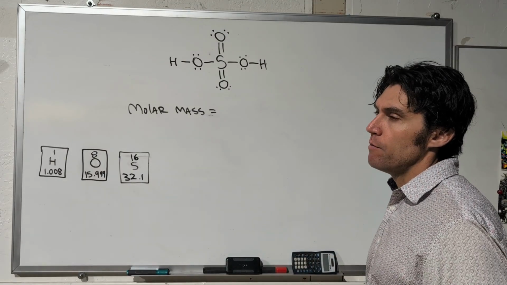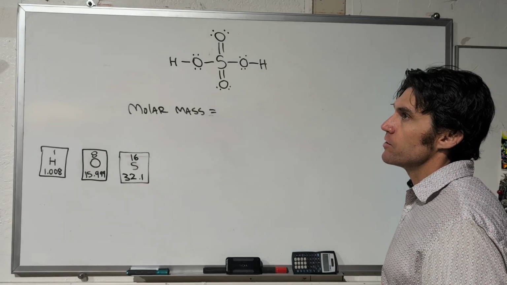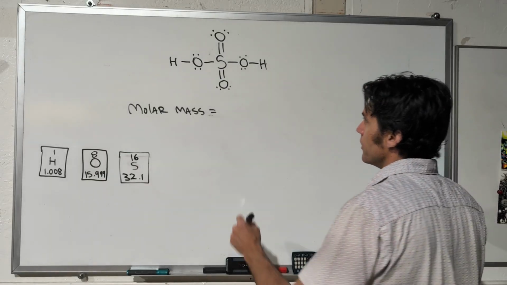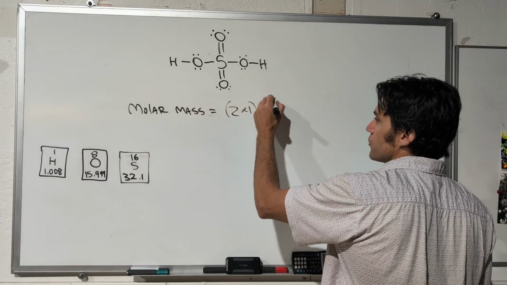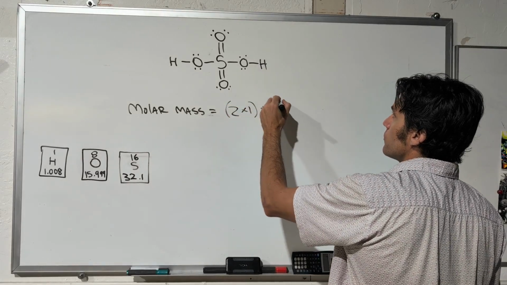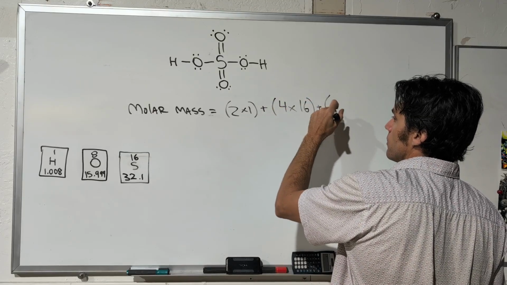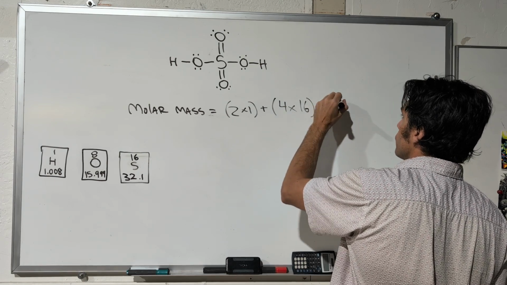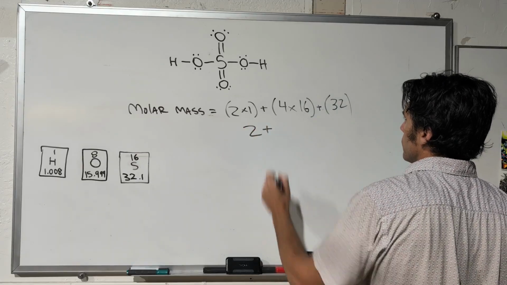And when you have 1 mole of this molecule, its atomic weight matches its weight in grams. So we have 2 hydrogens, 2 times 1, plus 4 oxygens times 16, plus 32 for the sulfur.